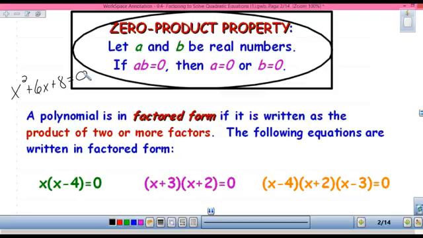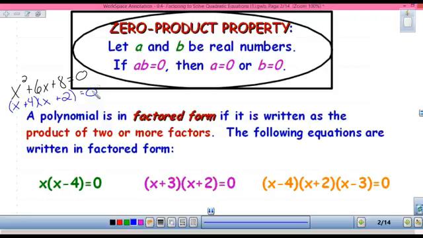Does that make sense? So if we're going to factor this guy, how do I get to x squared? X and x. How can I get to 8? 4 times 2, right? Does 4 plus 2 get me to 6? So 4 and 2, so plus and plus, and those equal 0.